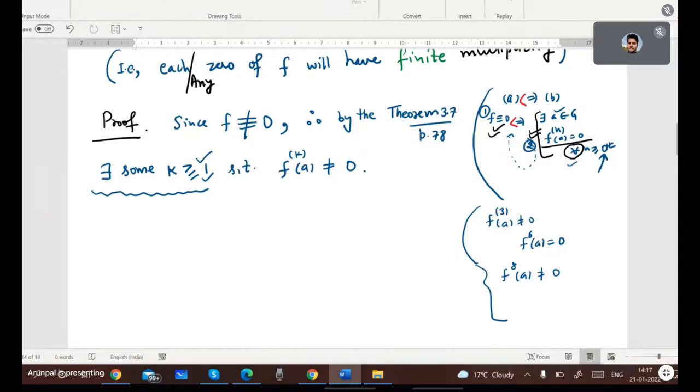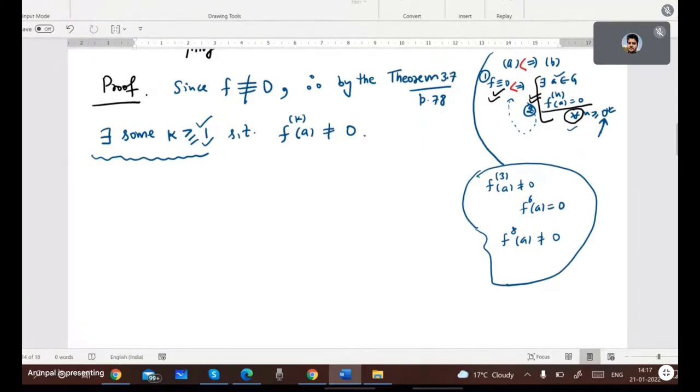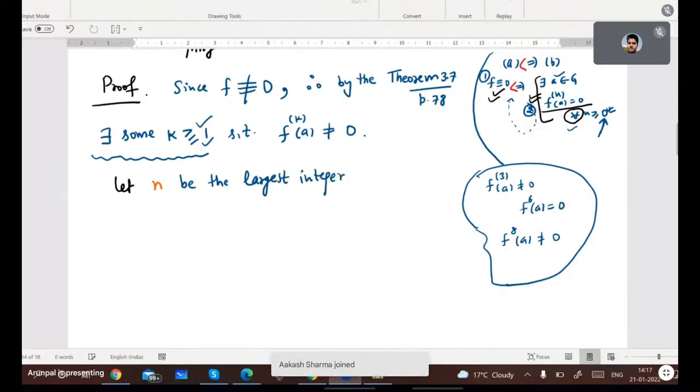So class, to handle this situation, let n be the largest integer, of course greater than or equal to 1, such that f at a is 0, this we already know, it is given.